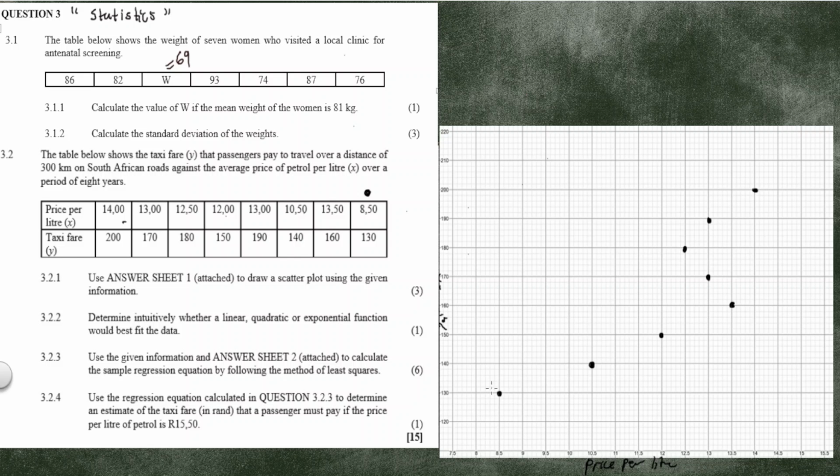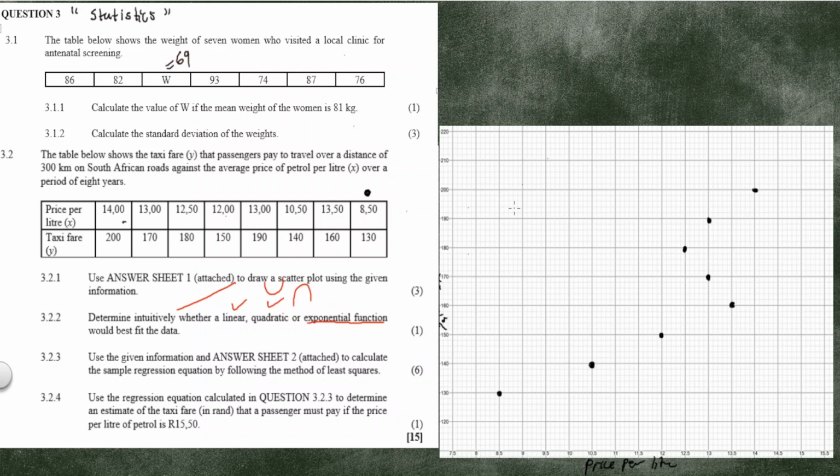For the following question, they are also asking us to determine intuitively whether a linear, quadratic, or exponential function would best fit the data. So they are asking: does this graph resemble a linear function, meaning a straight line, a quadratic, meaning a smiley curve or a sad curve, or an exponential, an increasing or decreasing curve?